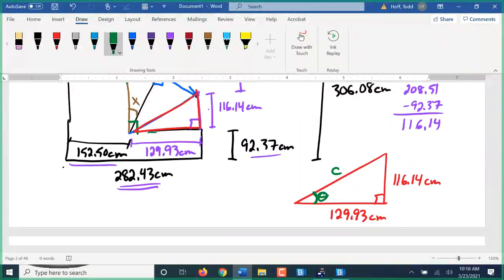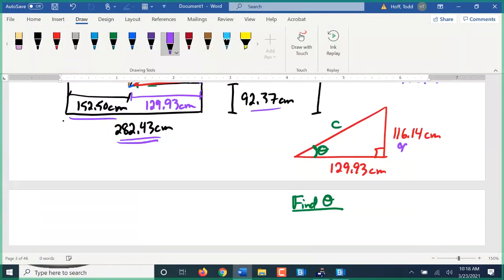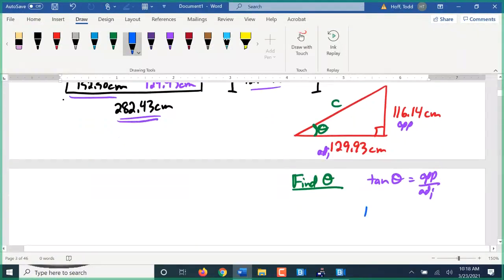To find the angle, I have the opposite side and the adjacent side. So once again, I am dealing with a tangent. Tangent of an angle is opposite divided by adjacent. So I'll fill that in. I am still looking for the angle, so it's still tangent of theta.